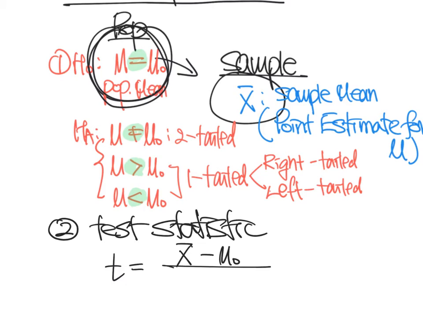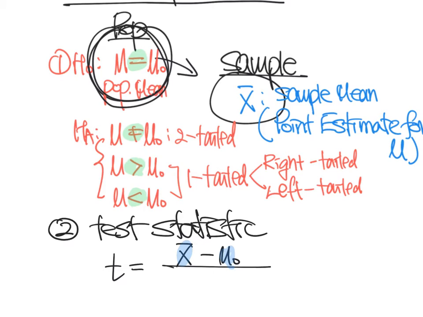Basically, we take the difference between the point estimate, x bar, for the population mean, which is what we want to know, minus the initial value, the mu0 that we set up at the beginning. So basically, we take the difference between the two values.